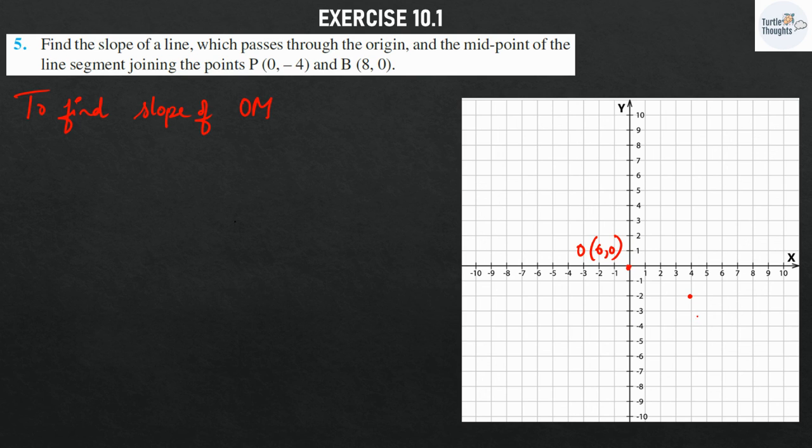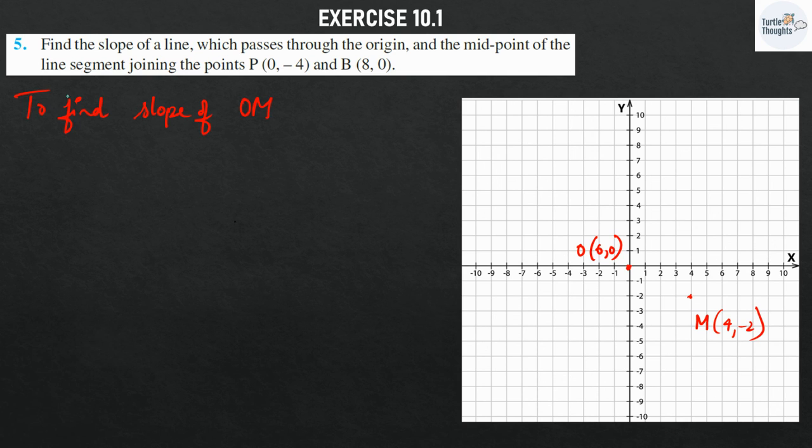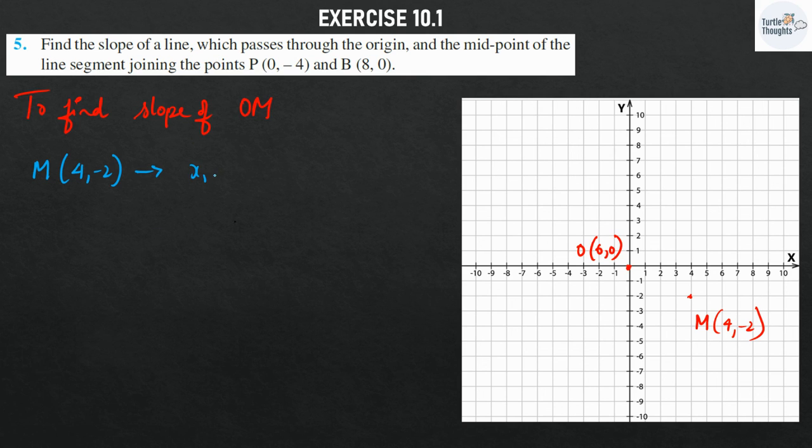Now let me consider M, which is 4 comma minus 2, to be x1 and y1. Let me consider point O, which is 0 comma 0, the origin, to be x2 and y2.